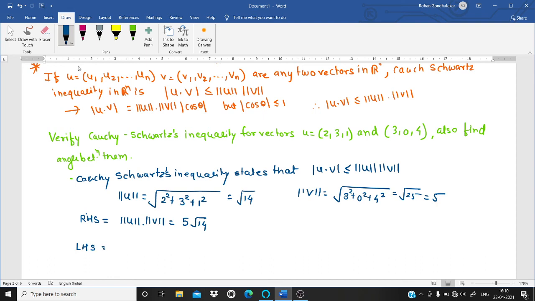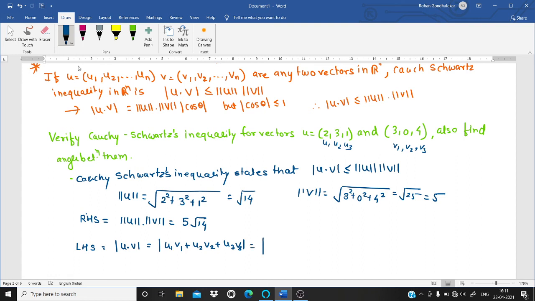Now the LHS. What is the LHS? Modulus of u dot v. So what is u dot v? As u is (u1, u2, u3) and v is (v1, v2, v3), we have u1 v1 plus u2 v2 plus u3 v3. That is our dot product. So let's substitute. This is the u vector and this is the v vector.